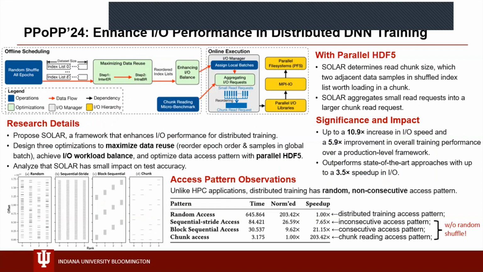You see that we tested different I/O access patterns, and we see the performance is totally different. So that's why we need to think about how to optimize the I/O, even in deep learning. I won't go into the detail, but after our optimization, we can increase the I/O speed in deep learning training. So I think that's all for my talk today. Thank you.